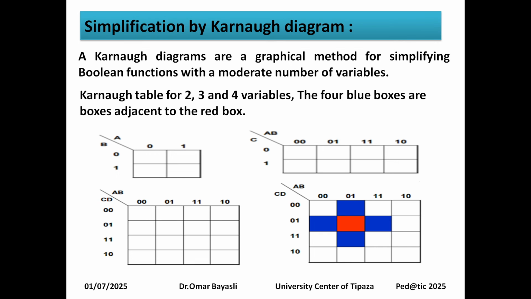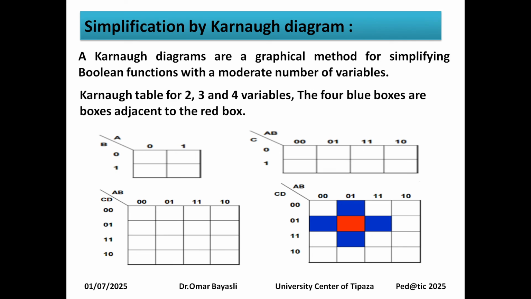The method of simplification by Carnot table is given by the different cases. We can start with 2 variables a and b. The form of the Carnot table is given by this table.